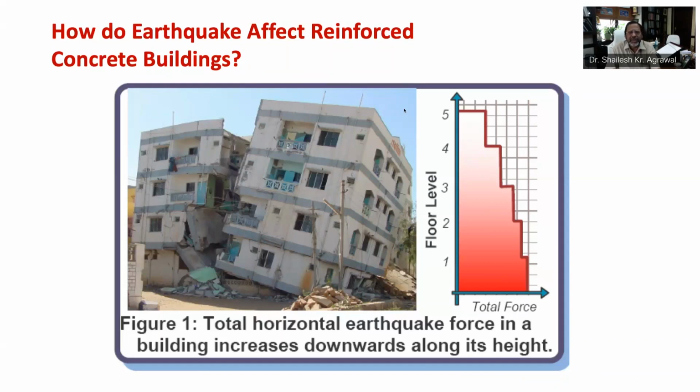These forces travel downwards through slabs and beams to columns and walls and then to foundation, from where they are dispersed to the ground. As the inertia forces accumulate downwards from the top of the building, the columns and walls at the lower story experience higher earthquake-induced forces, as you can see in this figure 1.